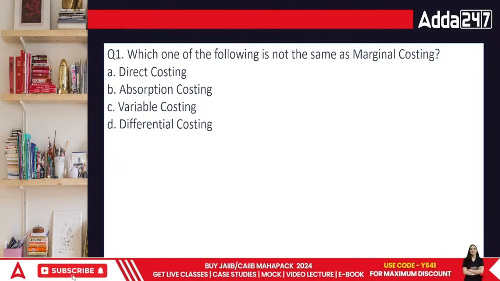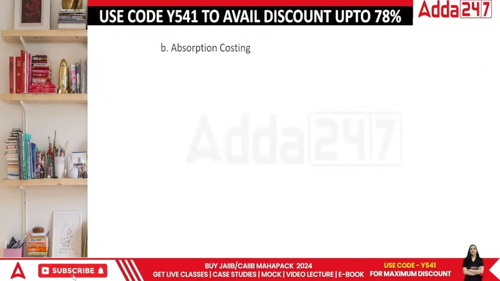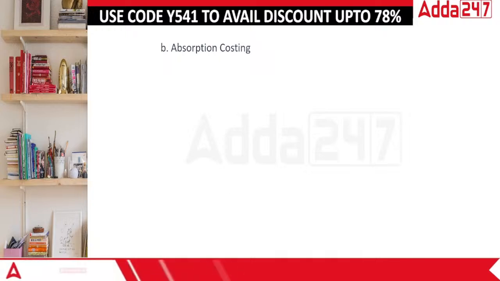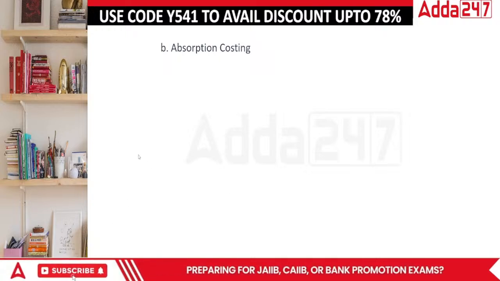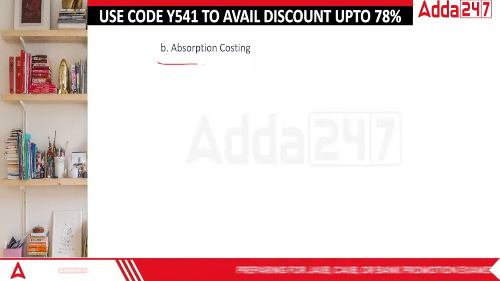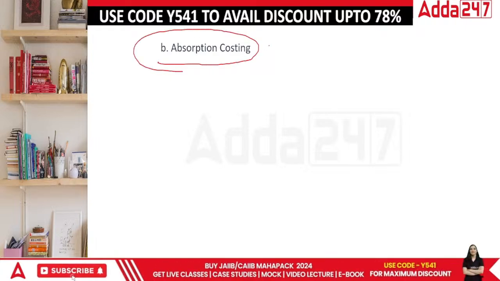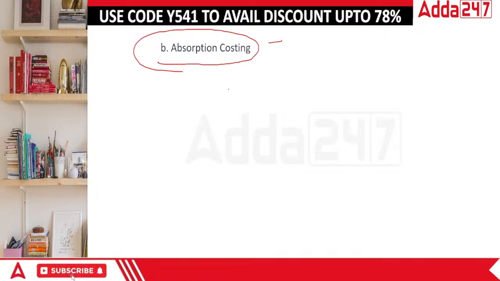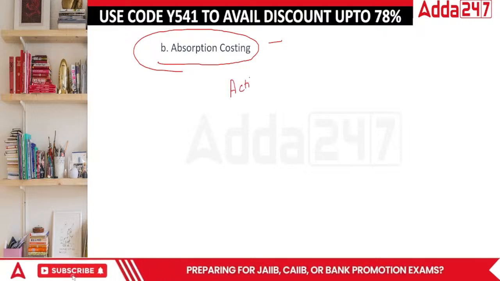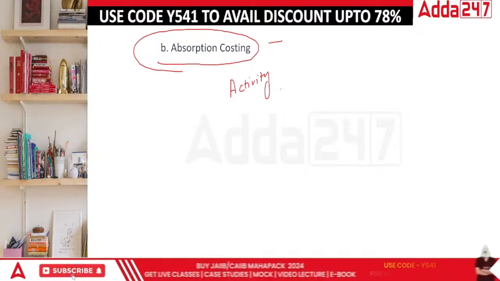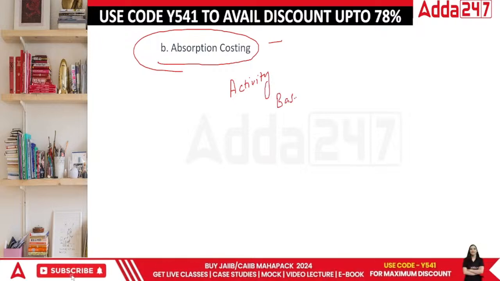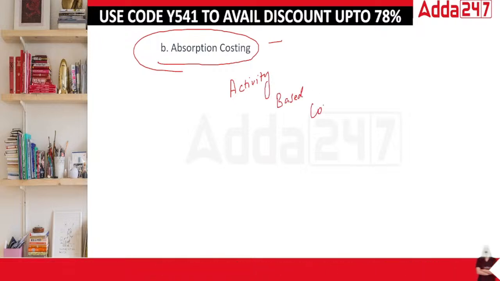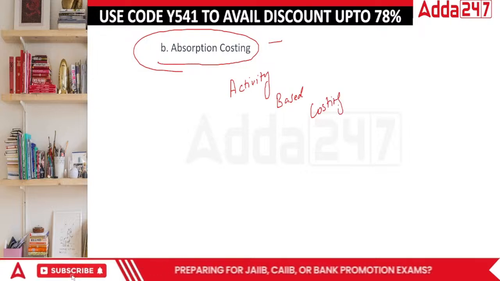That is differential. Absorption is the one which is not related to this. Absorption is actual cost, and we are determining and allocating the cost according to the activities. This is actually a primitive method. Now we have ABC costing, activity based costing. It's called activity based costing.